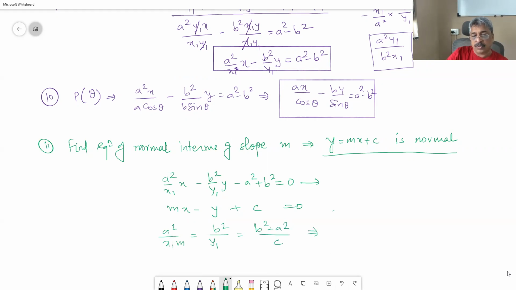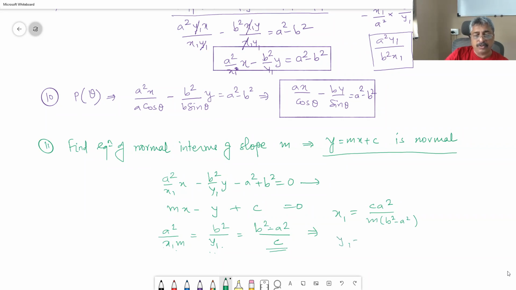That gives us x1. Now we cannot use these two ratios because they will be in terms of each other, but we have another ratio which is constant. So x1 is equal to c a square upon m into b square minus a square. Correct?